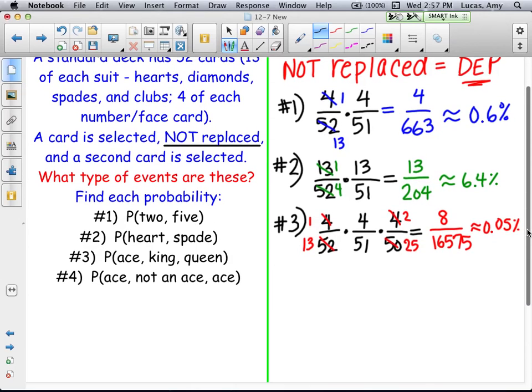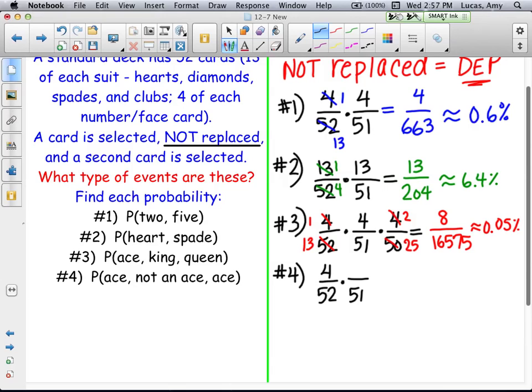Okay, number 4. Probability of getting an ace, then a card that's not an ace, then an ace again. Okay, so there are 4 aces out of 52 cards. Then, out of the 51 cards remaining, I've got to think about this. There will be 3 more aces.